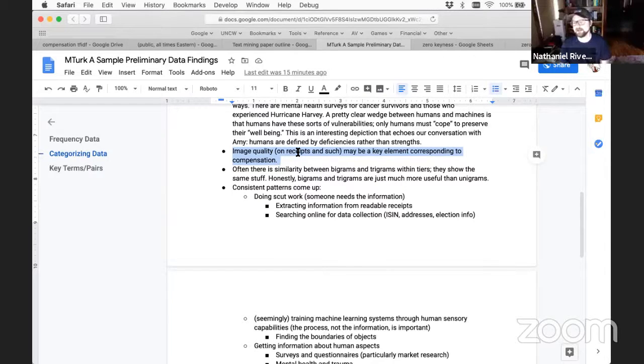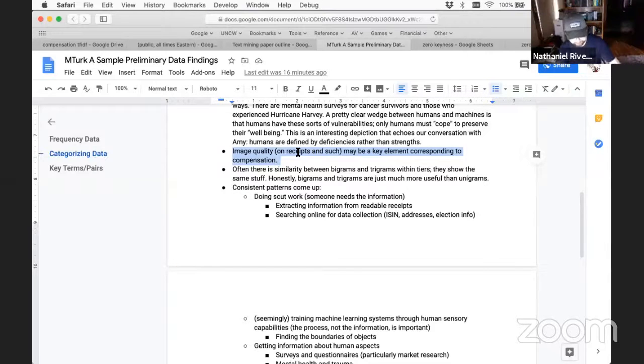Like they got a bunch of bad copies of some receipts, and they need the specific sensor of the human eye to make sense of them. That seemed like a pretty squarely scut work job, where it's like, no, we want what's on the receipt. I mean, it could potentially be useful for training, but the hits themselves seem to lean towards, no, we want to know what it says here.